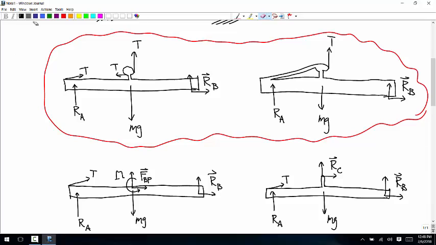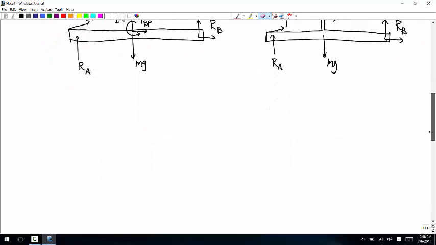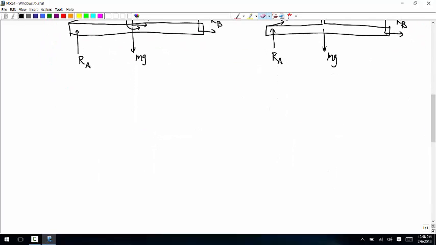Okay, so then number 5 in the calculations. So this is rigid body statics. Number 5.